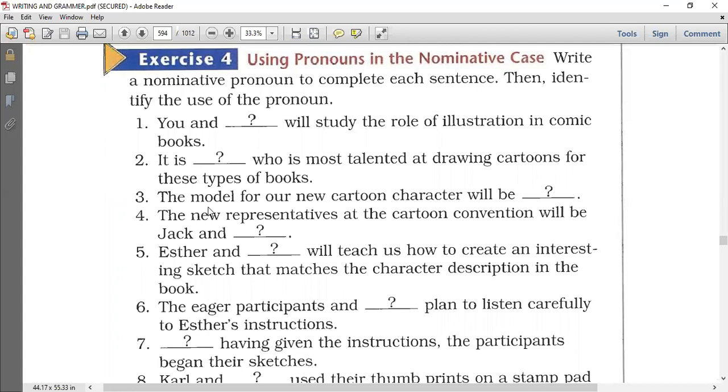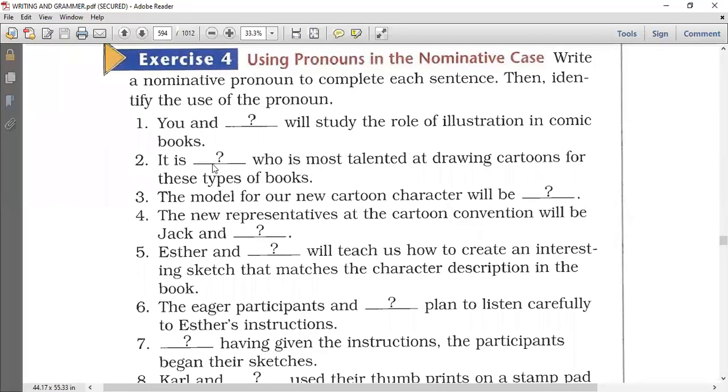Number 2, we have a linking verb, so it's predicate nominative here. It is who is most talented at drawing cartoons for these types of books. You can say it is we, it is he, it is they. I need any, but we say he, who is, but it is he or it is she, I think.